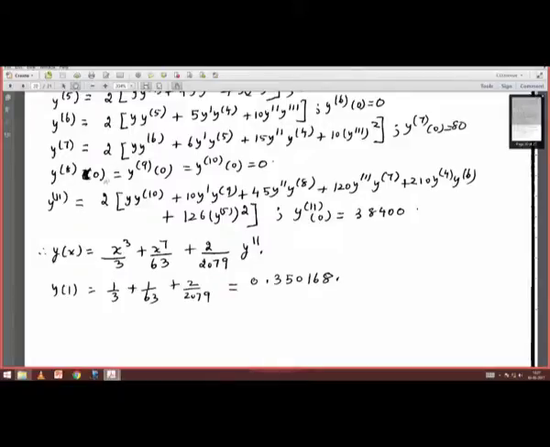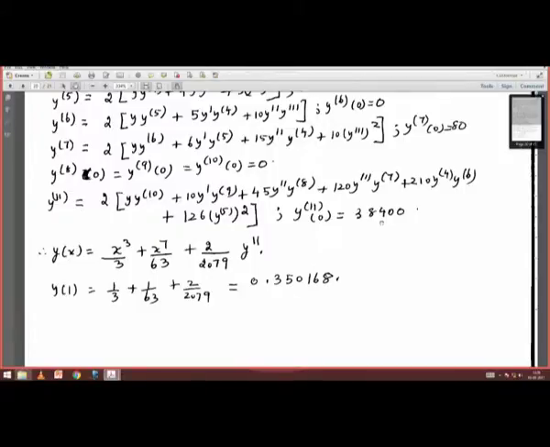We observe that the ninth derivative at 0 is 0, the 10th derivative at 0 is 0. So, we compute the 11th derivative and evaluate it at 0, and that turns out to be 38,400, which is non-zero.